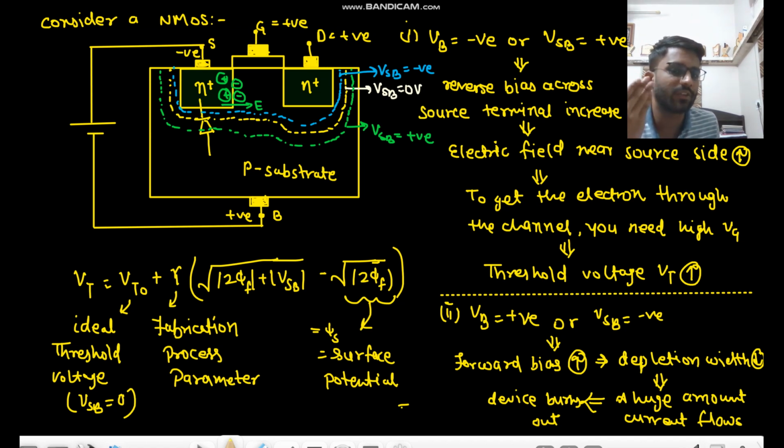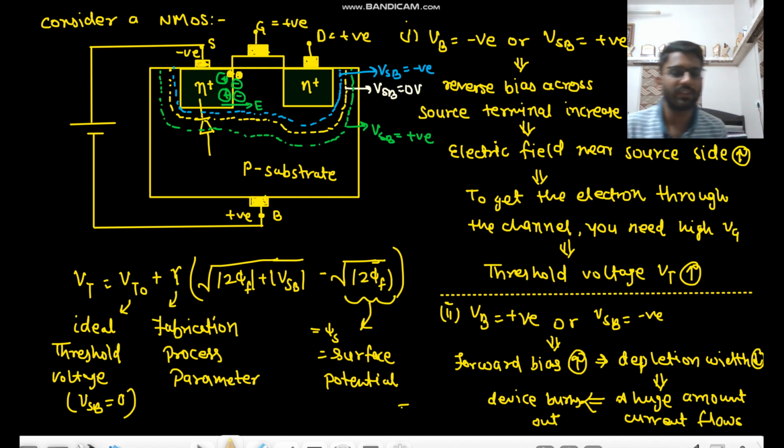In case of VB positive, the depletion layer will be very small, and the electrons will cross the depletion region very fast, a high amount of current will flow, and the device will burn out.